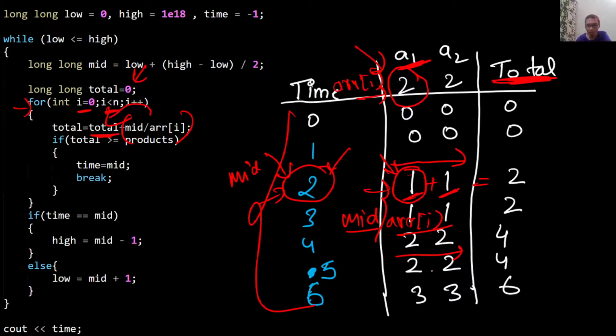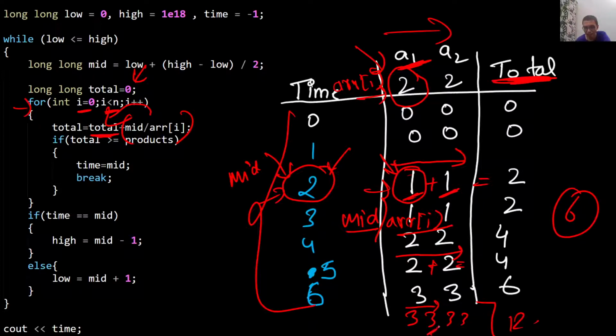And let's say I have multiple values over here, like 3 3 3 3, and I want to make, let's say, 6 products. In this case, the sum over here would be 12, but after this 3, I need not even calculate these two, because I know that my work would be done or is sufficient enough at this point, right?